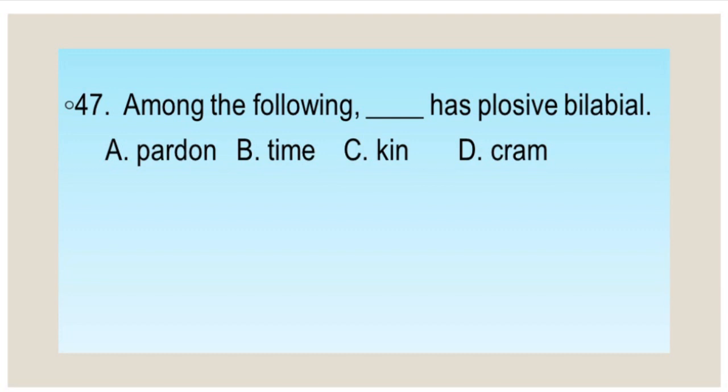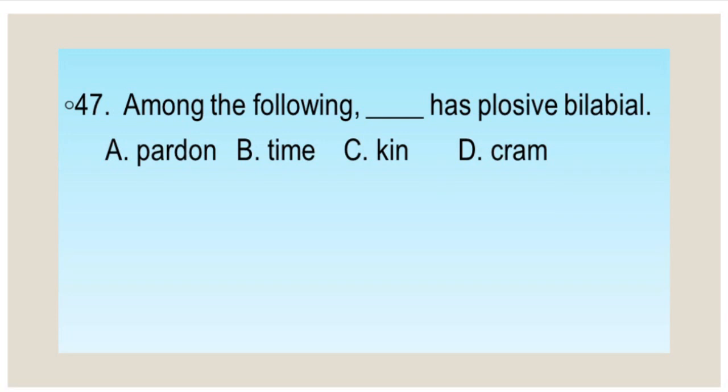Okay, let's try. In which sound are the lips very active? It is in pardon. Therefore, the answer here is option A, pardon. Pardon belongs to plosive bilabial if you consider the initial sound.